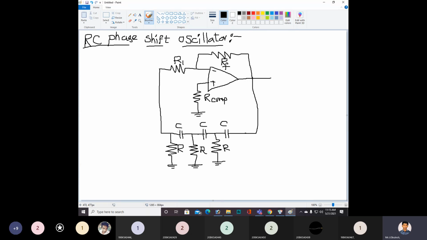Okay, so this is nothing but a feedback network. This indicates the feedback network.